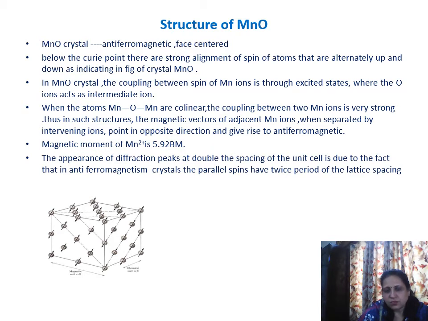Magnetic moment of manganese ion is 5.92 Bohr magneton. The appearance of diffraction peaks at double the spacing of the unit cell is due to the fact that in antiferromagnetic crystals the parallel spins have twice the period of the lattice spacing.